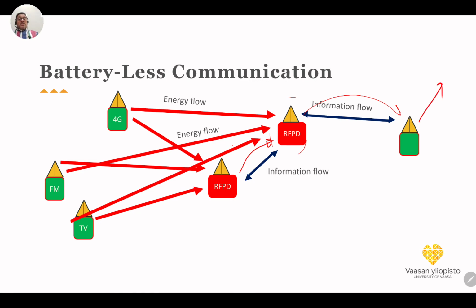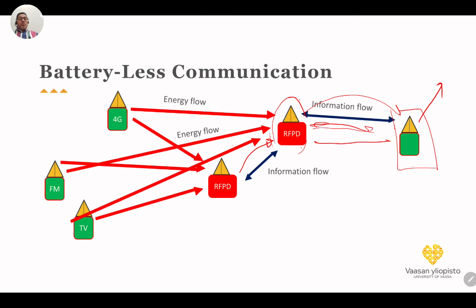There is also another technology, where the gateway, which is battery based, communicates with the device and sends it a message, and based on this communication, the RF powered device takes the power from the RF signal and then uses it to reply to the receiver.